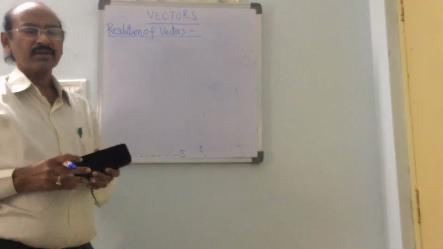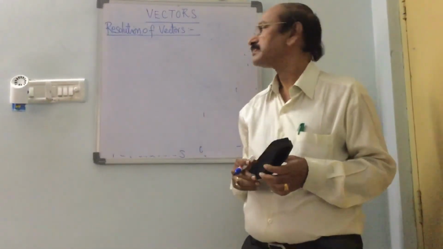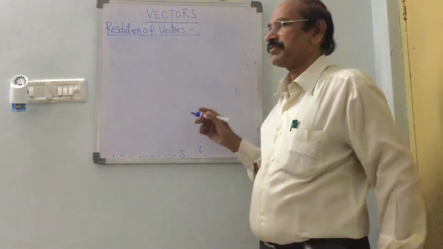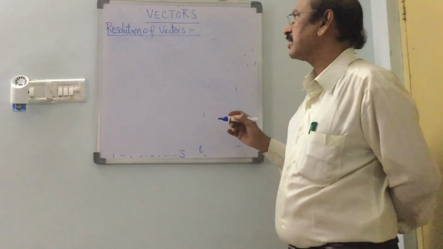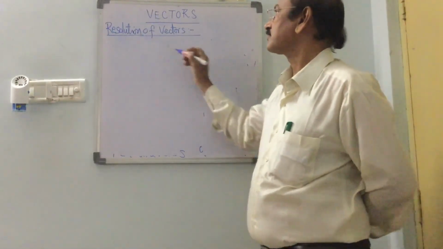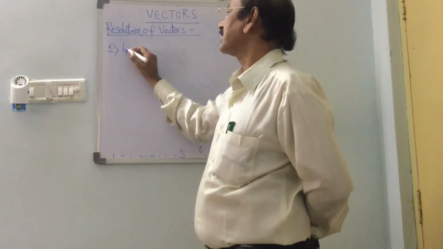A vector can be split into different parts, that is along the horizontal direction and vertical direction. First one, horizontal and vertical components.